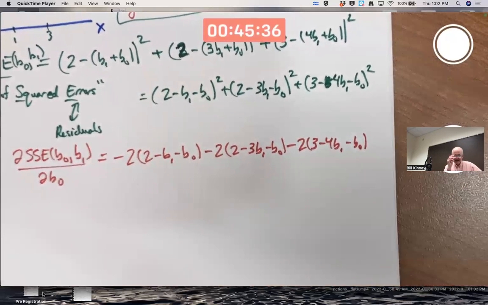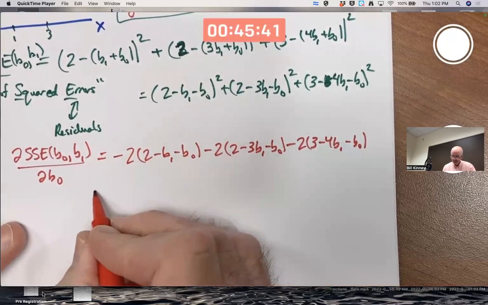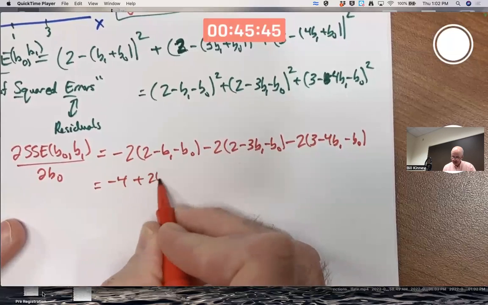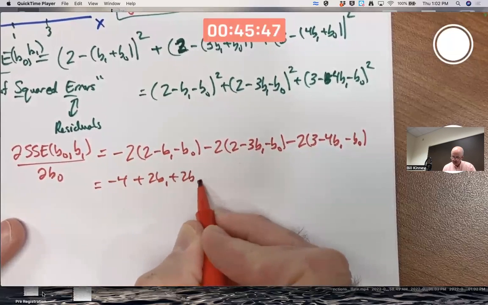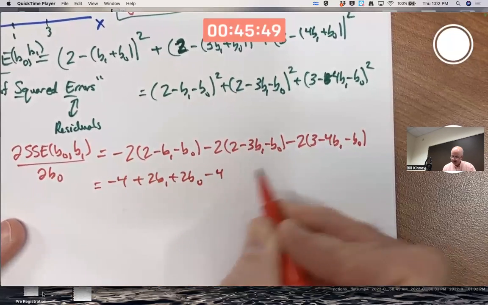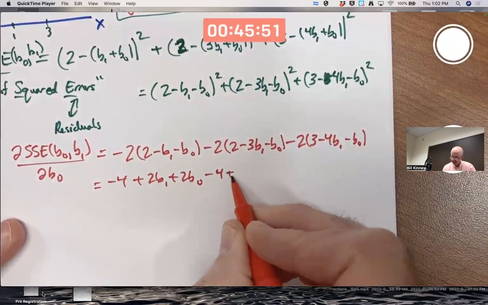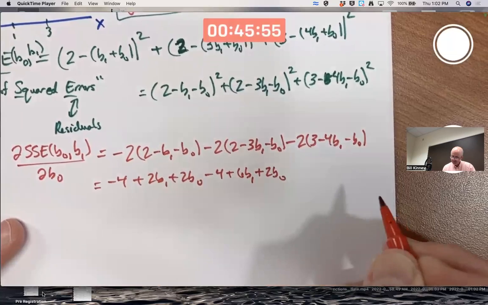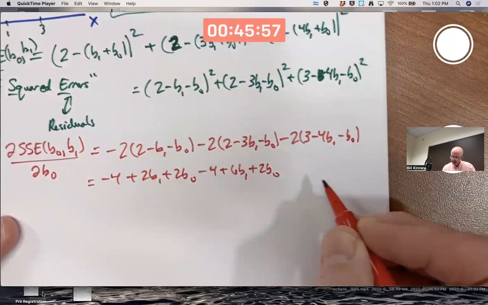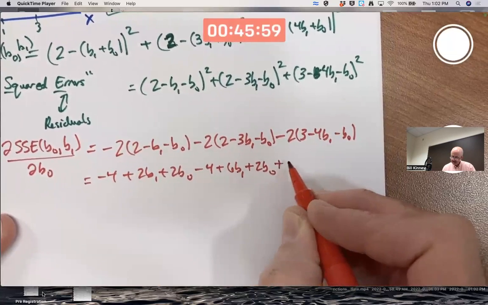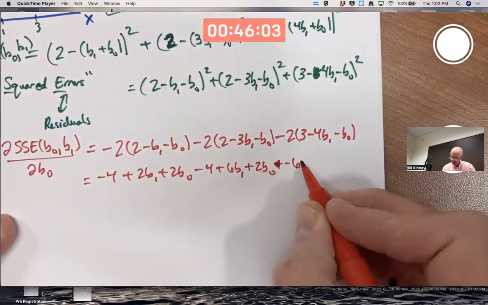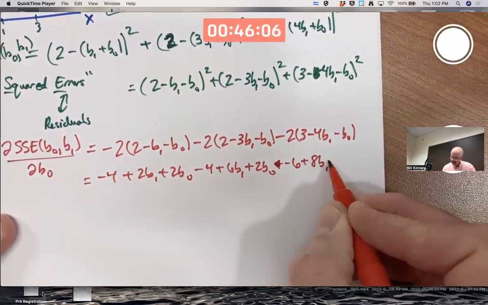Is it worth simplifying this? Yeah, probably, and not too hard. Distribute the -2 through, get -4 plus 2b1 plus 2b0, minus, next term, another -4 plus 6b1 plus 2b0, minus 6 plus 8b1 plus 2b0.